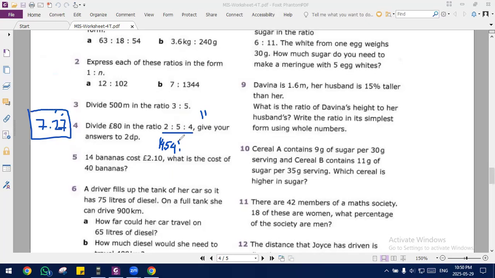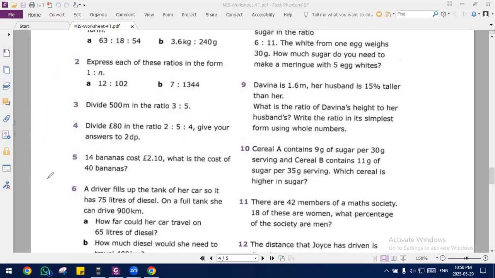Then the second one, 7.27 times 5, 36.35, and then 7.27 times 4 is 29.08. Okay.